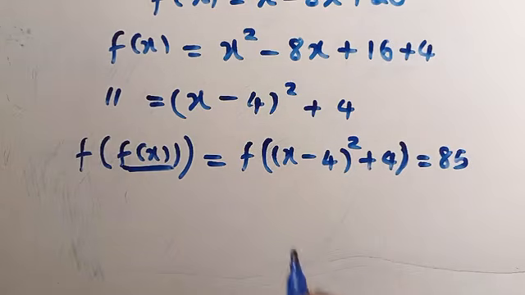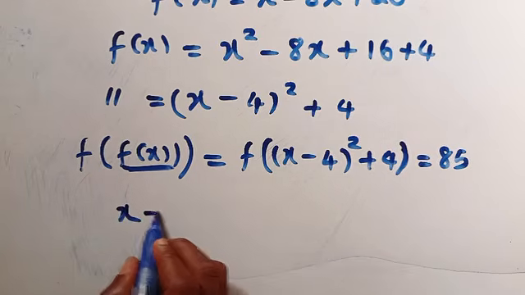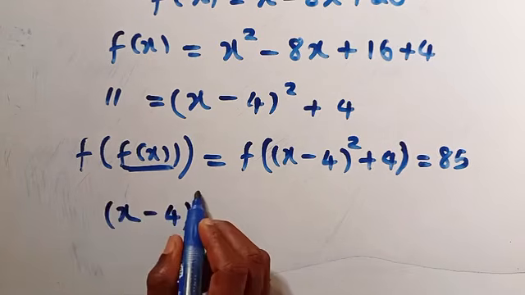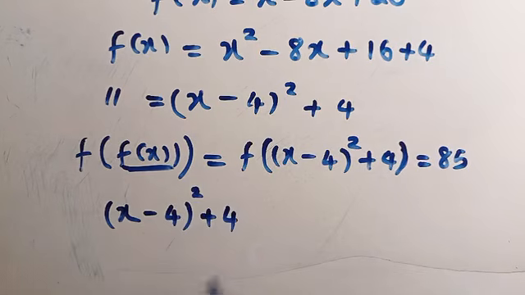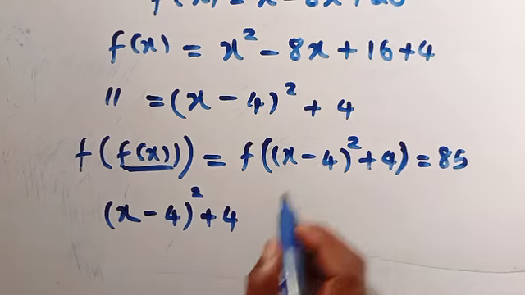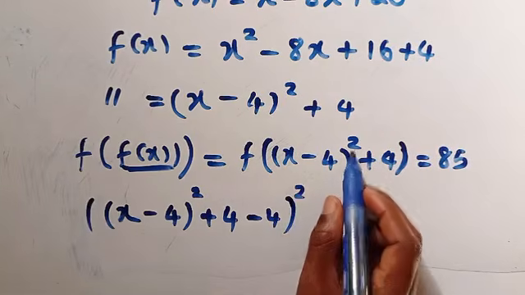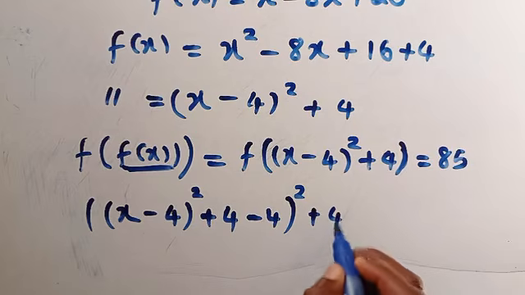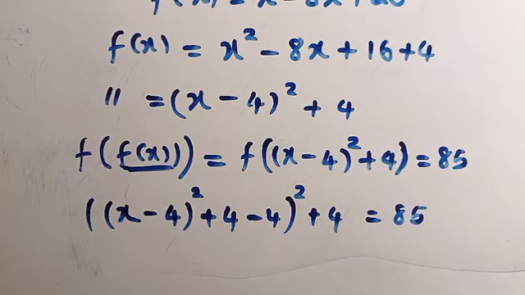So if I now replace every single x here with the whole of this, then we are going to have x minus 4 raised to power of 2, then plus 4. This is for only this x. Then minus 4 in the bracket, all raised to power of 2, then plus 4 outside. Everything equals 85.